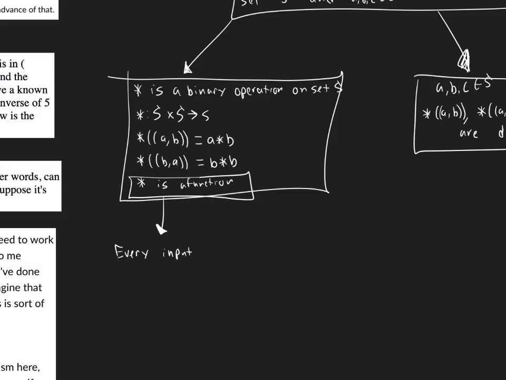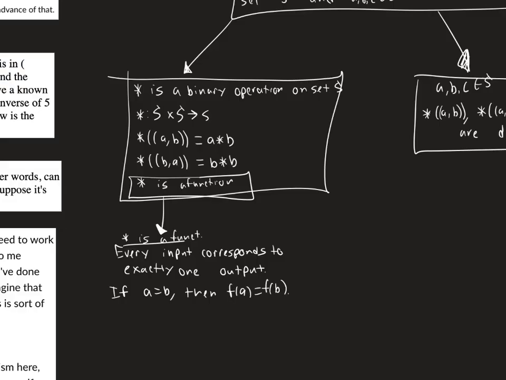Every input corresponds to exactly one output. In other words, if A equals B, then f of A equals f of B. That's saying the same thing, but using math speak.